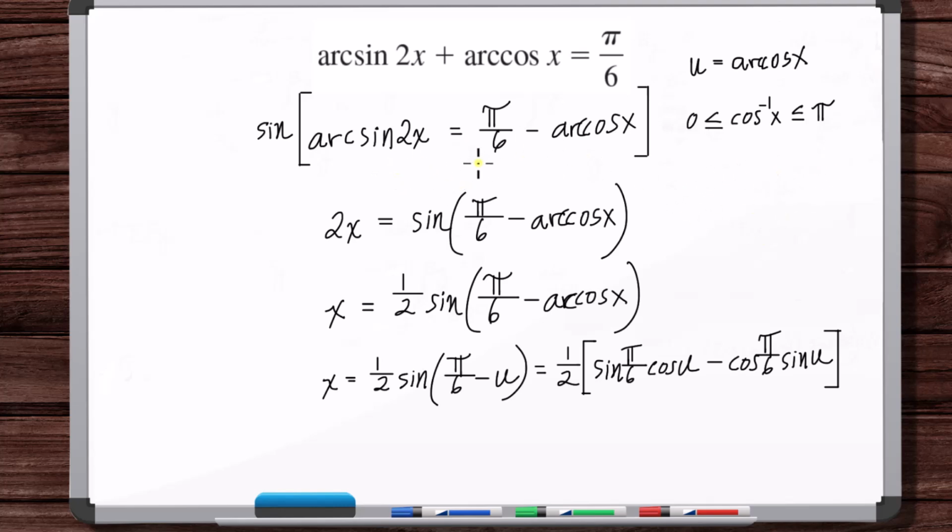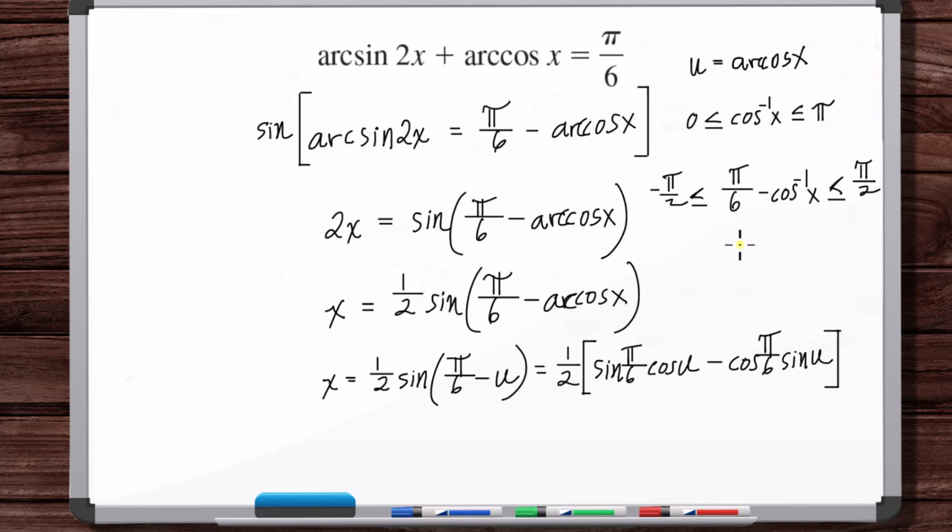So we can say pi over 6 minus arc cosine of x is going to be less than or equal to pi over 2 and greater than or equal to minus pi over 2. That's a fact. It doesn't matter what the argument of the arc sine is.